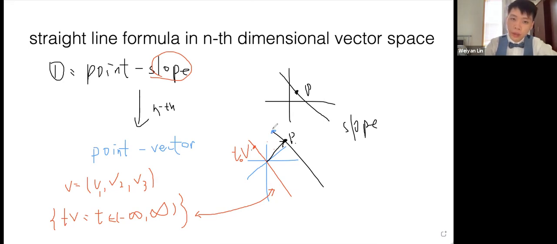You can see that from the parallelogram here. It's a little bit difficult to draw the parallelogram.